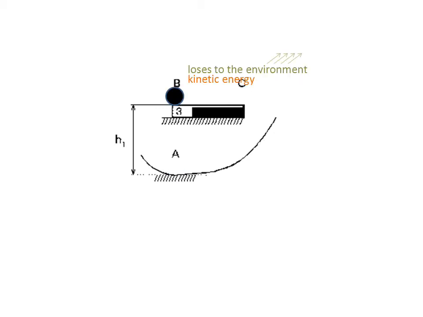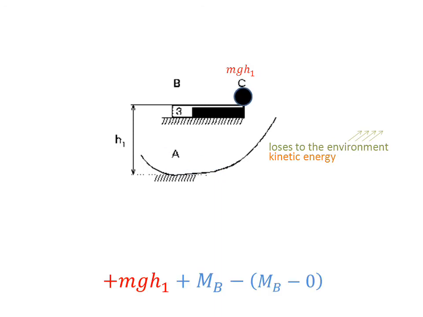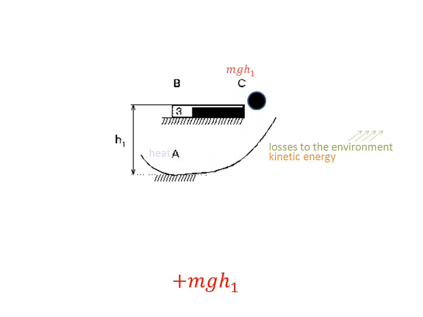Indeed, when traveling from B to C, the sphere loses spontaneously magnetic potential energy m sub B minus 0, which has to be subtracted from mgh sub 1 plus m sub B. Then, upon its return to A, the sphere will also lose the gravitational potential energy, mgh sub 1, and will be left with E sub A, equal to 0.